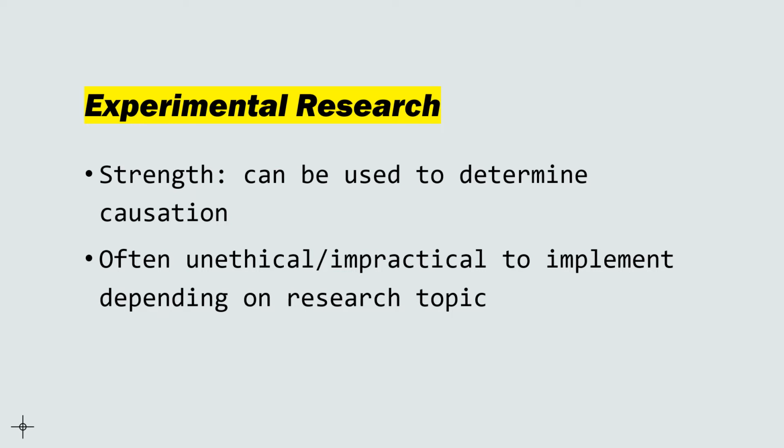If I did the study I just talked about and found that Larissa's medication leads to better improvement of depression symptoms than the SSRI, then I could conclude that my medication causes those depression symptoms to get better. So that's the strength. The limitation is that it is often unethical and impractical to implement an experiment, depending on your research topic.